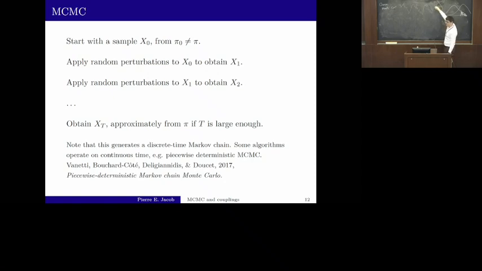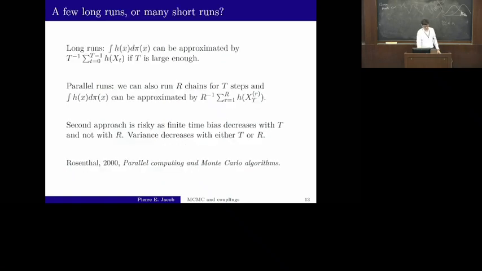But if you started many, many chains from xT, it would not give you IID samples from pi in one step. Marginally it would be from pi. But if you start independent chains from there, they would probably be, after one step, quite close to xT. So they would not give you a whole sample from pi. You see what I mean? So having one sample is only going to help you warm start one chain, in a sense.